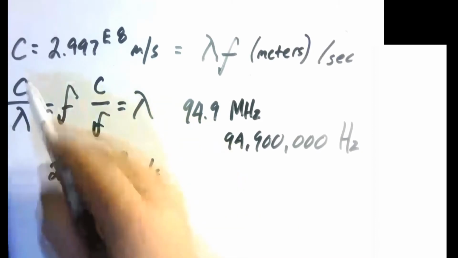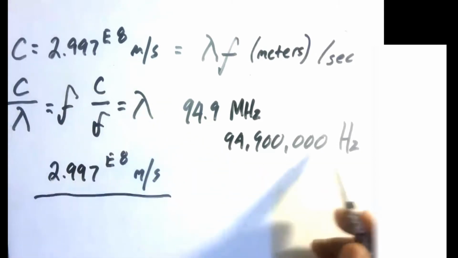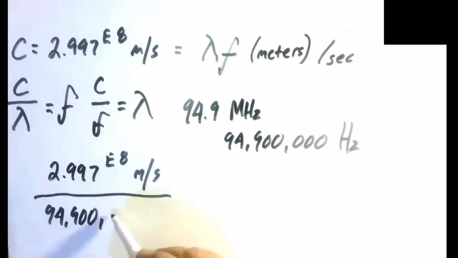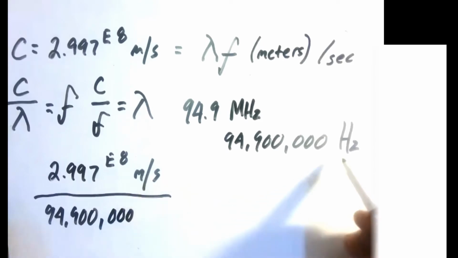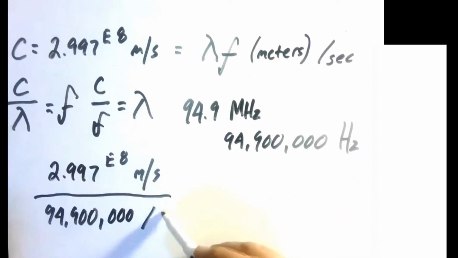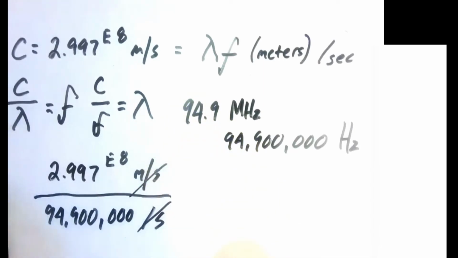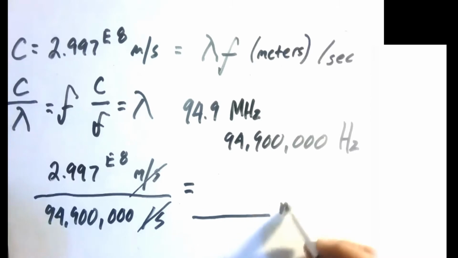That's the speed of light, C. We're going to divide it by this actual local radio station. Radio is just another wave on the electromagnetic spectrum. Now, the meaning of hertz is that this is actually per second. This is the number of times the wave goes up and down per second. And guess what? Since we have per second on top and per second on the bottom, the per second cancels out. So whatever this answer is, it's going to be in meters.